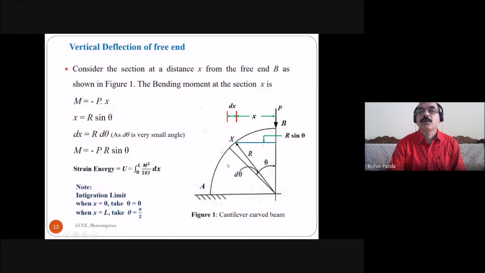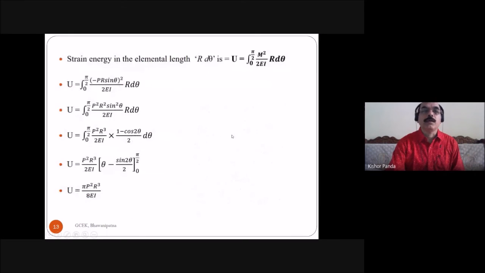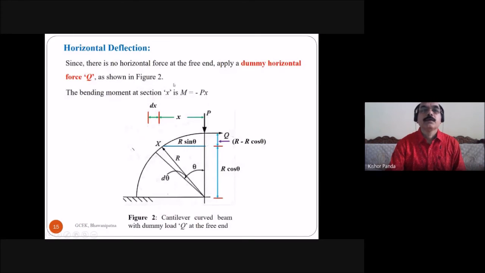Then you have to find out what is the horizontal deflection. So here, as given in the question, you have to find out the horizontal deflection at B. As there is no load along the horizontal direction, you have to apply a dummy horizontal force Q. Since there is no horizontal force at the B end, apply a dummy horizontal force Q as shown in figure 2.